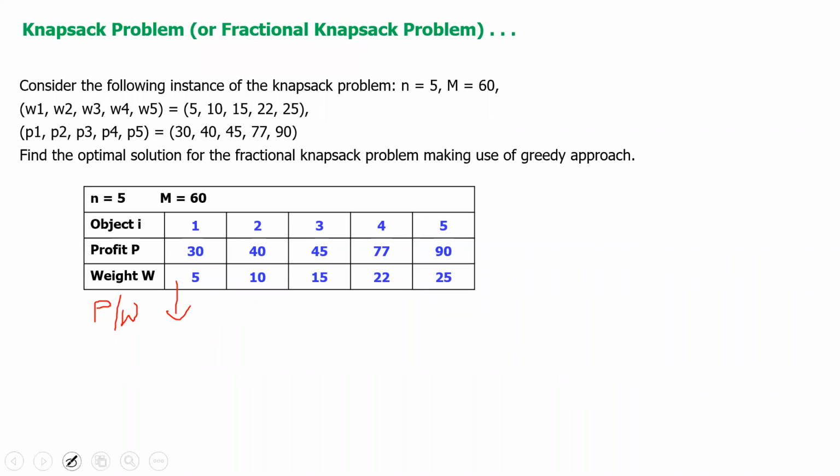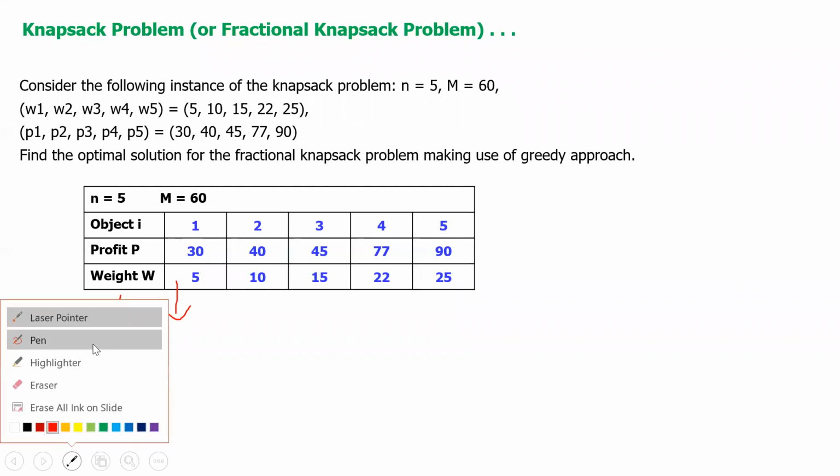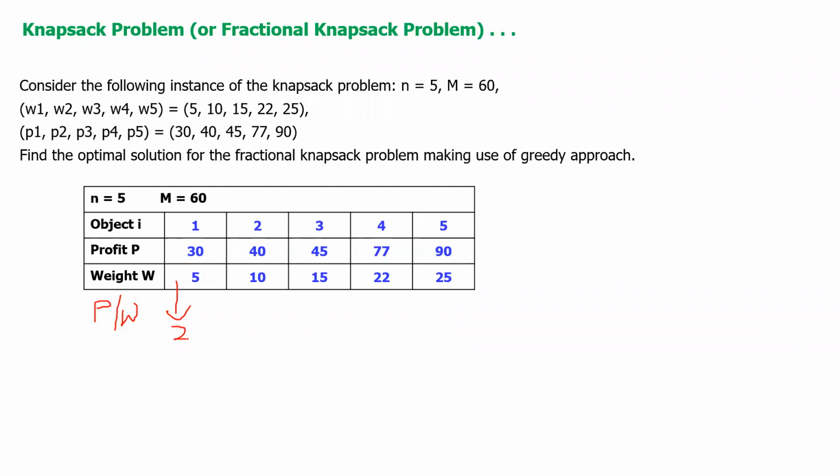So here you can see for object number 1, the profit is 30. And this profit 30 will be earned for 5 kgs of the item, 5 units of the item. Now I'll have to find out, if the item is 1 unit, 1 kilo, how much profit will be earned. So 30 is the profit for 5 items of object 1.